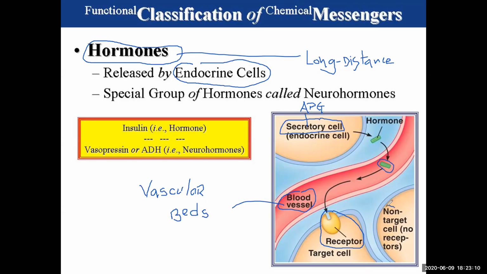This non-target cell doesn't have the receptor, so it remains oblivious to that chemical messenger. No receptor, no response. Even though we have the chemical messenger, no response.